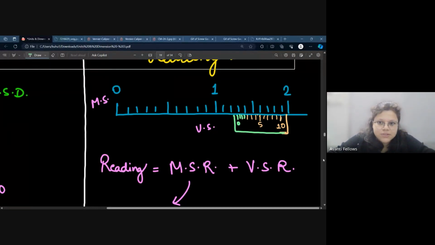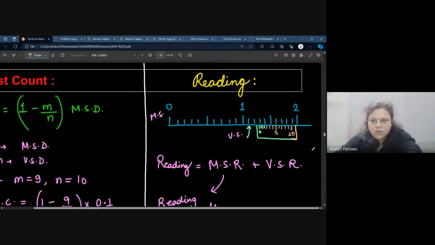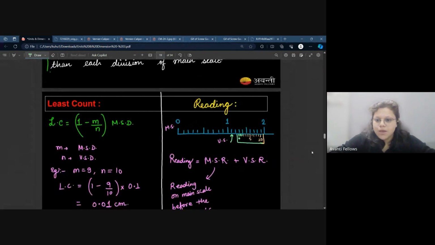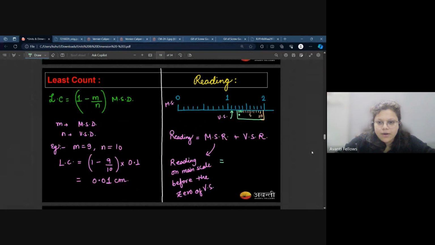So before this 0, the reading on the main scale, which is visible to you now, is 1.1. So for me, the main scale reading is 1.1. It is the reading on the main scale before the 0 of the vernier scale, which is visible to you.